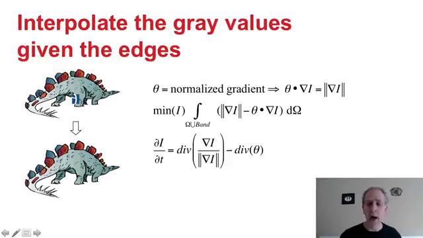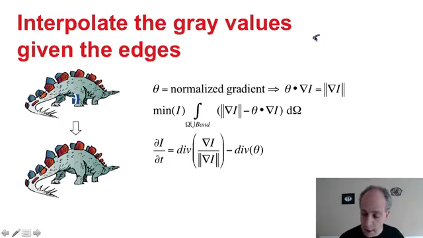Now, let us start by assuming that somebody came and already told us the boundaries. Somebody basically said, hey, I don't really know what's happening there, but here are the boundaries, and I'm going to extend them for you. And it has given us the normalized gradient at every single pixel inside the region that we need to inpaint.